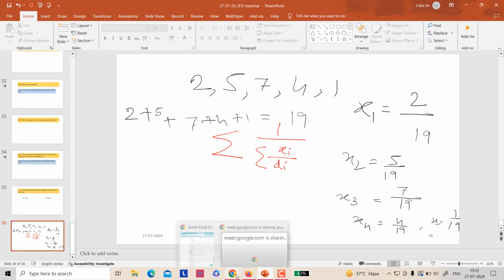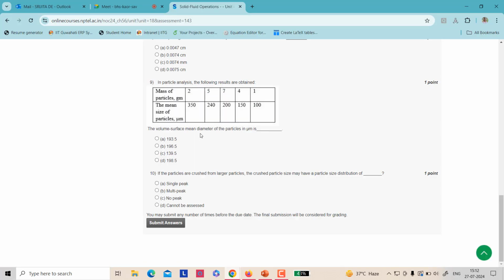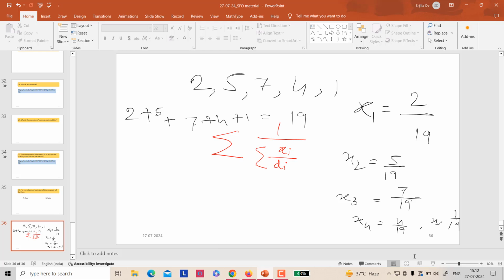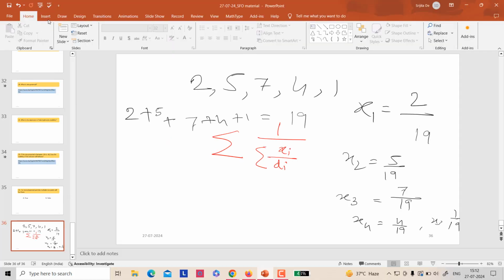Now if you go back to the question, these are the mass fractions of the particles and these are their particle sizes. Have you done it this way?